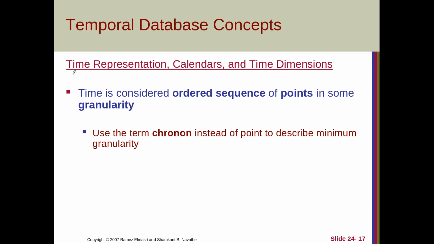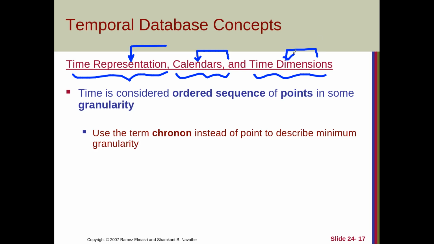We will be discussing time representation, the calendar concept, and the various time dimensions. Time representation: how we represent time and what the different contents of that time are. Then the calendar: what is the purpose of using a calendar, how it is maintained, and what procedures are followed for its maintenance. Then the different dimensions of time, and how we can represent time in different ways.